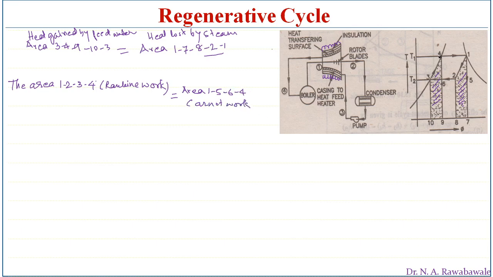So 4 1 2 3 4 is known as the Rankine work, whereas 1 5 6 4 is known as the Carnot work, and both are the same. Therefore, Rankine heat addition is also equal to Carnot heat addition.